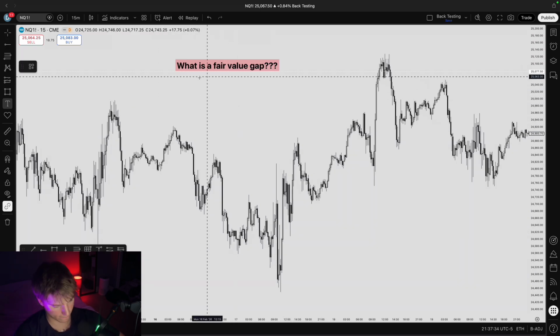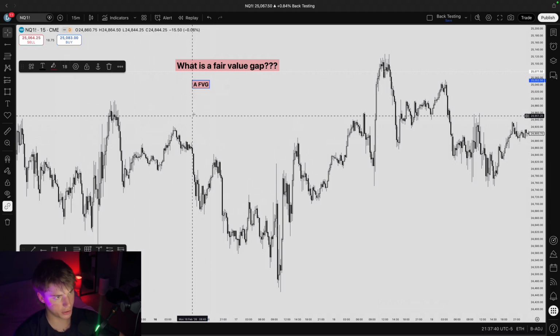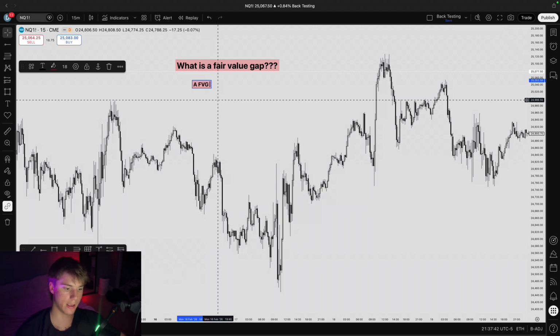FVG means fair value gap. So whenever you see FVG, that means it is a fair value gap. So it is an imbalance in price delivery.